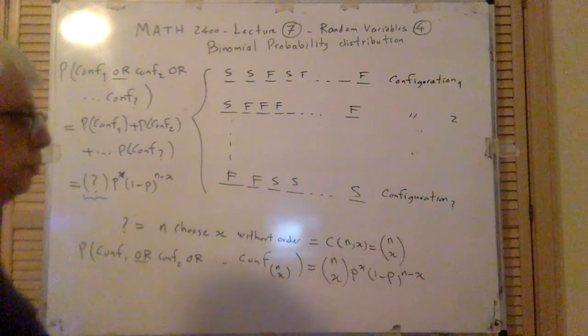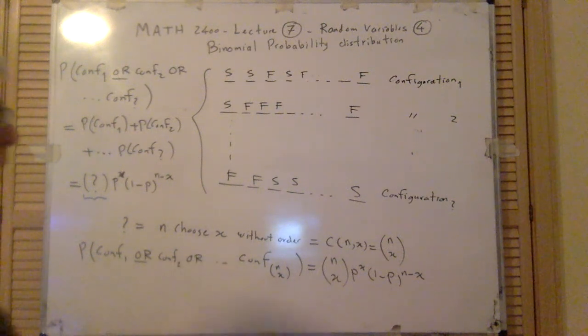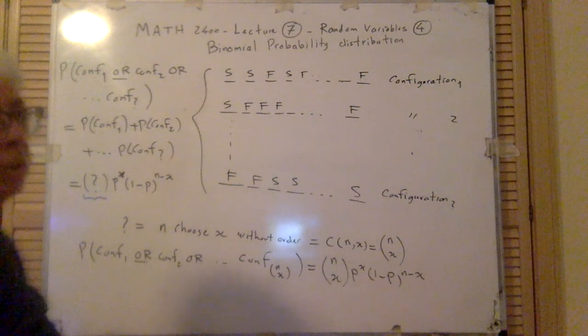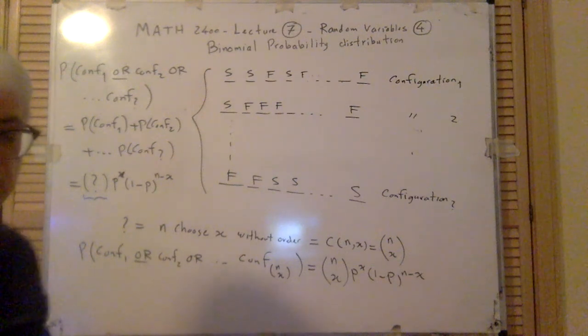Okay? So, that's it. That is the probability that I was looking for, the probability of x successes in n trials.